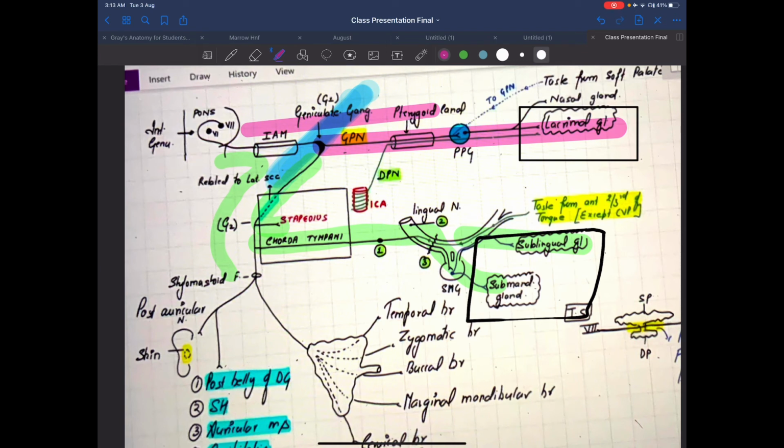So what happens at this point is, if the nerve is regenerating from this part, there might be some mix up of the green fibers which are representing the salivary glands and the purple and pink fibers which are representing your lacrimal glands, they can be mixed up.